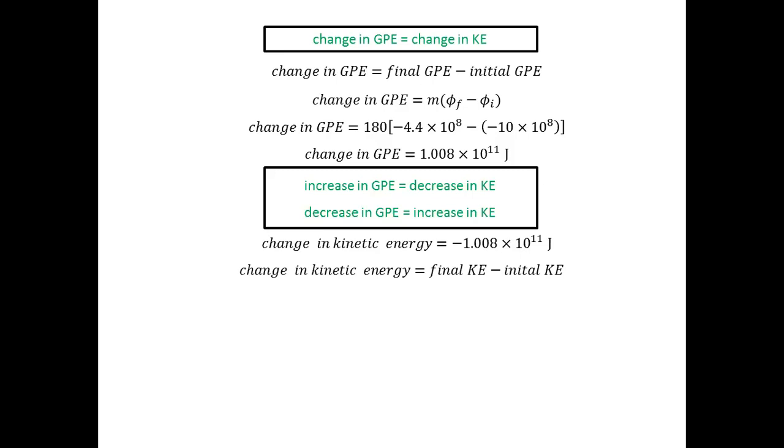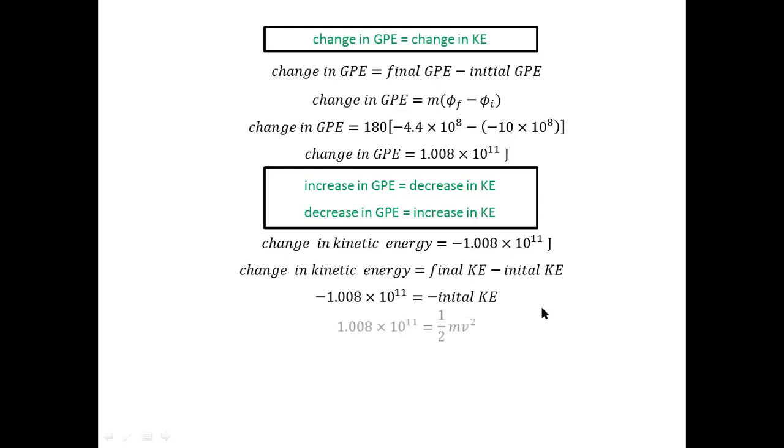So we know that change in kinetic energy is just final KE minus initial KE. So we know that based on the graph, the final kinetic energy should be 0. Again, we were only considering the first part of the graph. So since we are asked for minimum speed, the speed at the end of the first part of the graph should be 0, therefore making the final kinetic energy 0.